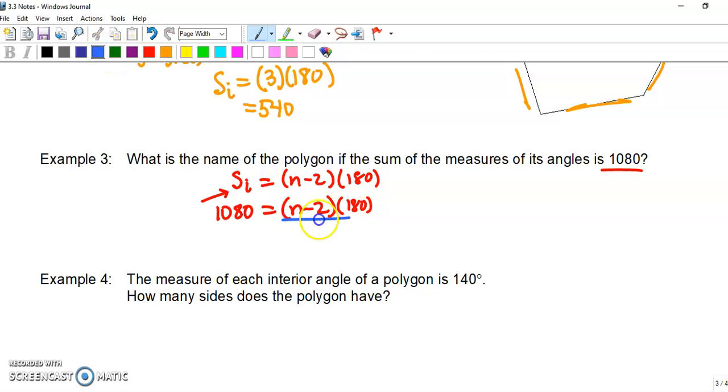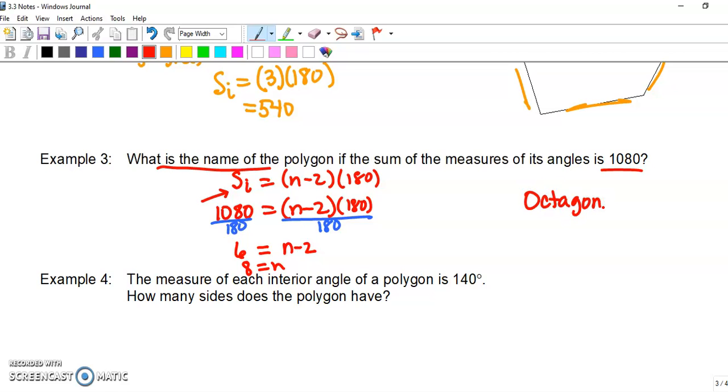I can do that, divide by 180. That is 6 equals n minus 2, add 2 to both sides, and n equals 8. It asks what is the name of the polygon. Well, it's got 8 sides, which means it's an octagon.